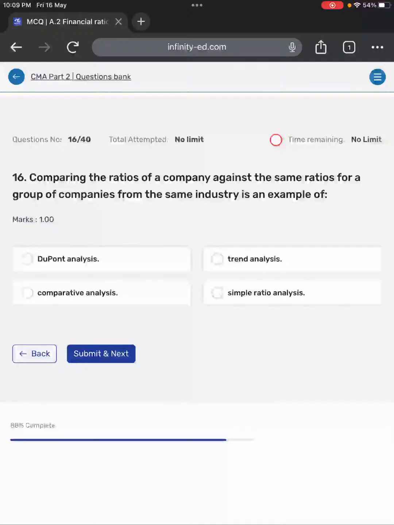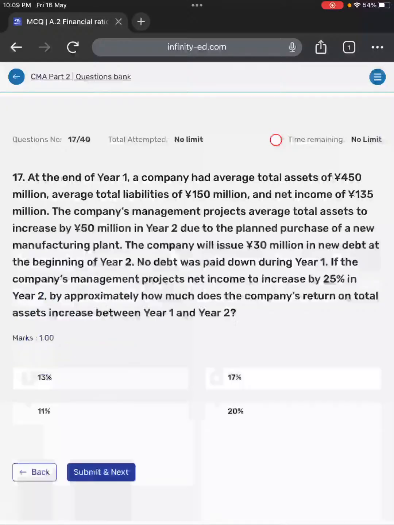If you have the correct answer, you can answer, and that will be good. Dew point analysis, trend analysis, simple ratio analysis, comparative analysis. Comparative analysis, simple. Now in question number 17, just read the requirement of this question.